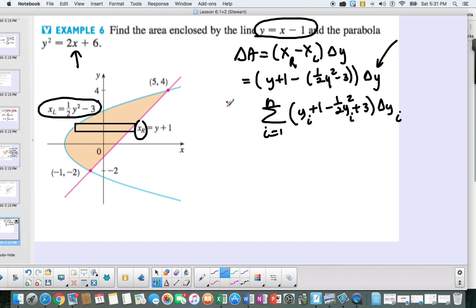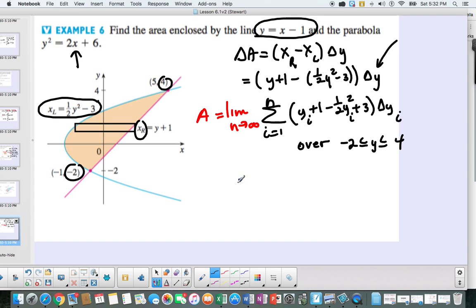And again, to get better and better accuracy, you use more and more rectangles, and that'll yield the area. This is going to be over y's from -2 to 4. And we can write our integral from -2 to 4 of y, adding the numbers together, plus 4 minus 1/2 y squared dy.